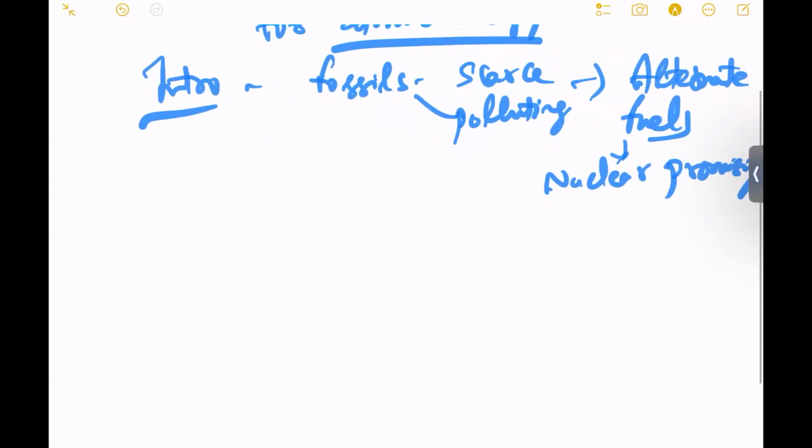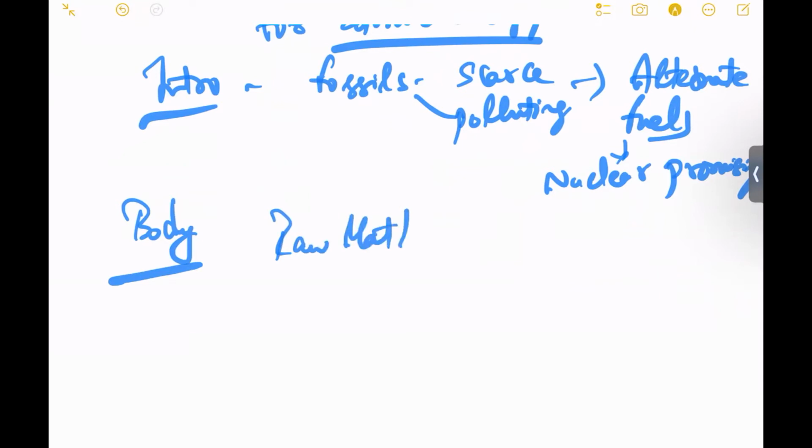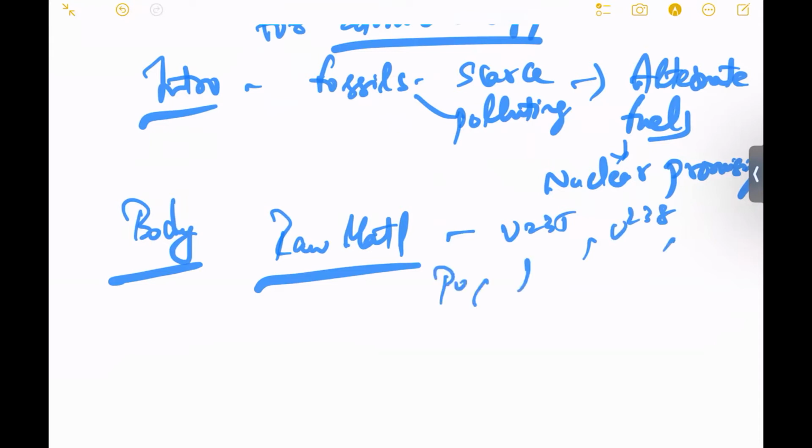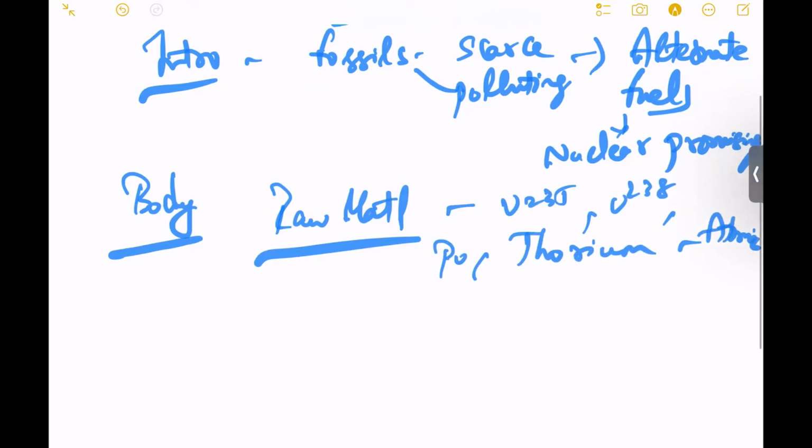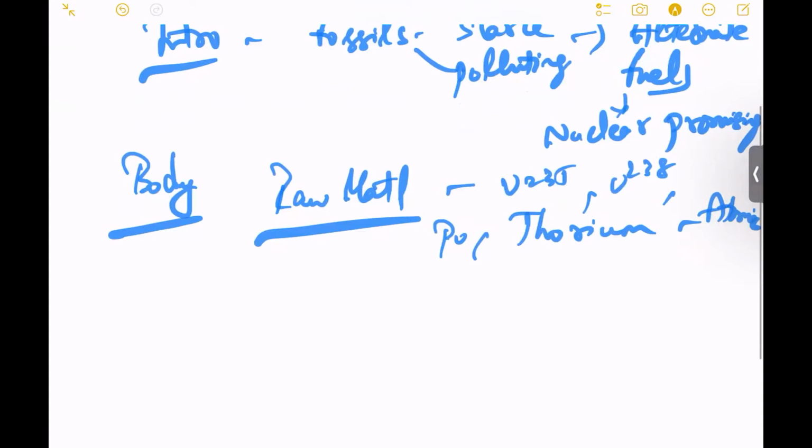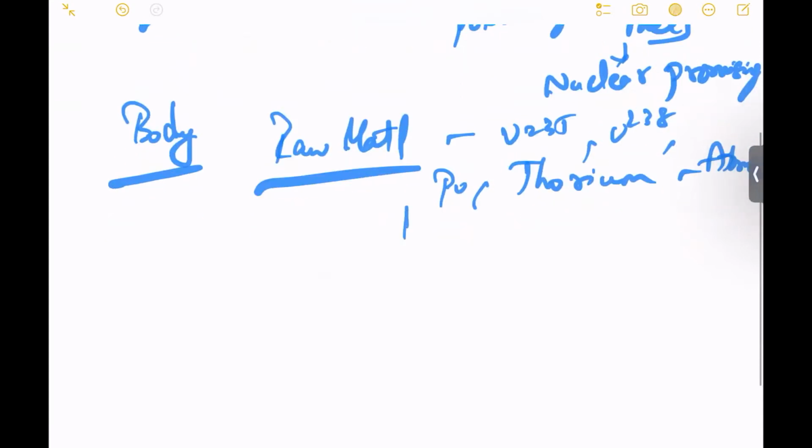So then coming to the body, first you will say what are the raw materials required. Here you will have uranium 235, uranium 238. These are all isotopes, plutonium, thorium. These are the atomic energy minerals required in generation of atomic energy, which operates through nuclear fission, not fusion.